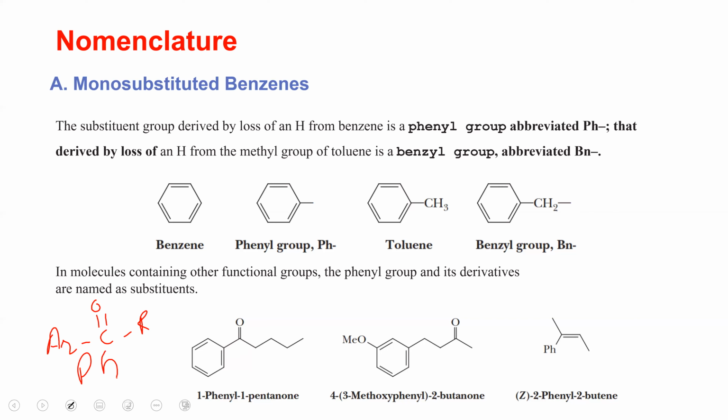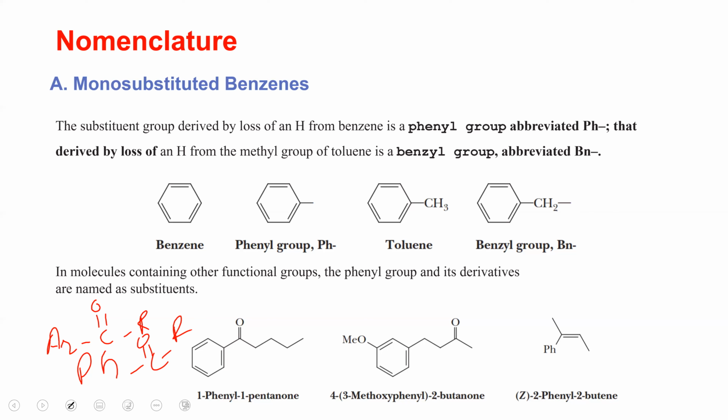Right now this is not a substituted benzene ring, this is only the aromatic benzene ring. So we can use Ph, then a carbonyl, and then R, which is just an aliphatic R group.